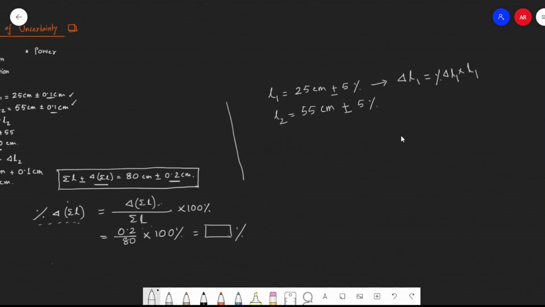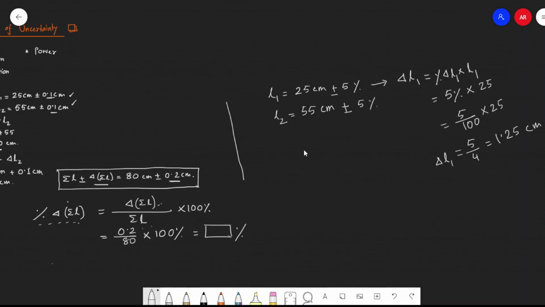So here the percentage uncertainty is 5%, which is going to be multiplied with 25. So 5% means 5 over 100, times 25. So this is 5 over 4, which is 1.25. So it is 1.25 centimeter, the del L1 value.